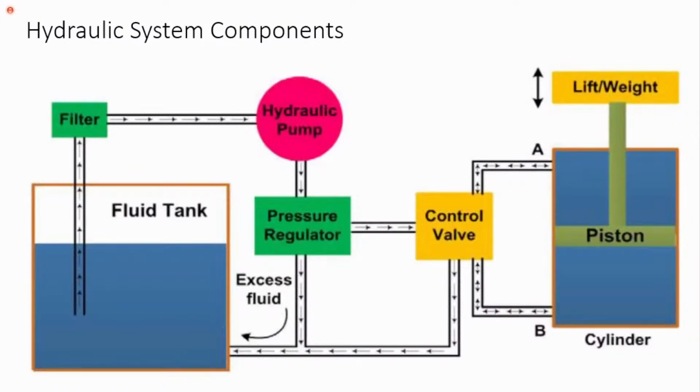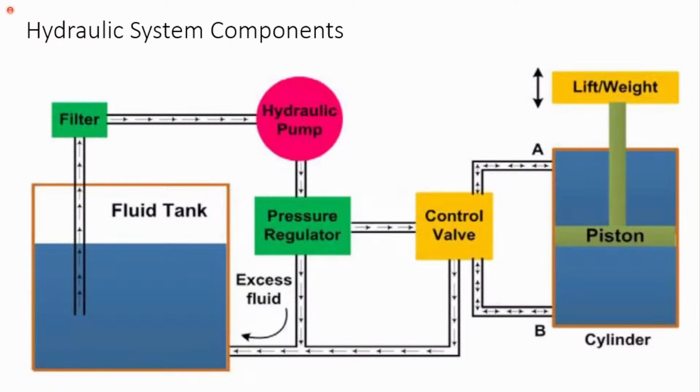Then it goes towards the cylinders. There are different types of actuators. One type of actuator is called a cylinder. There are basically two types of actuator. One is called a linear actuator, which gives you a linear motion, and we call it a cylinder. There are several types of cylinders like single acting cylinders, double acting cylinders, telescopic cylinders, tandem cylinders, and so on.